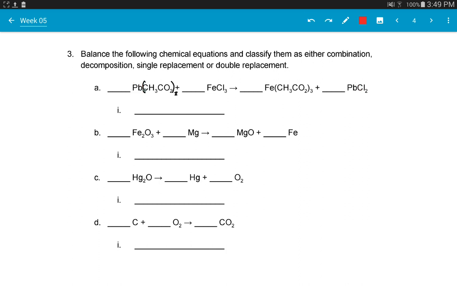Now, as I look at my carbons, I have 2 times 2, so I have 4 carbons on one side. I have 2 times 3 on the other. Now, some people may be wondering, well, that's just the same acetate ion. Can I simply look at it that way, as I have 2 acetates on one side and 3 acetates on the other?